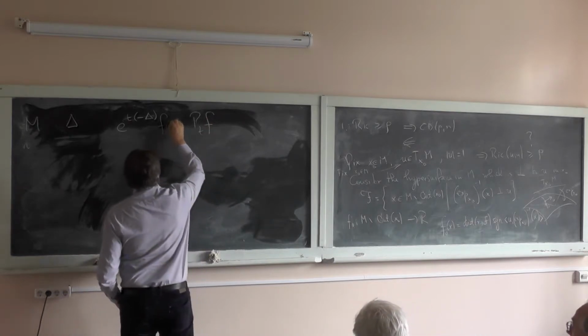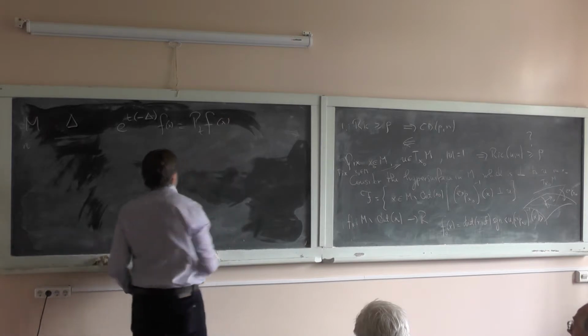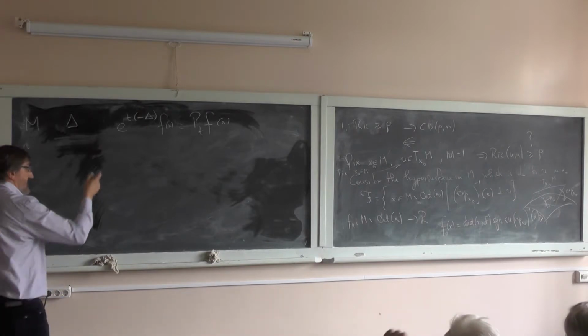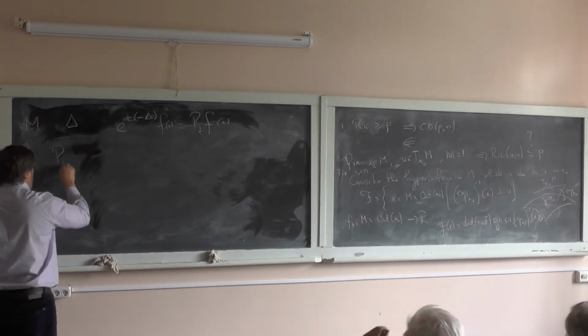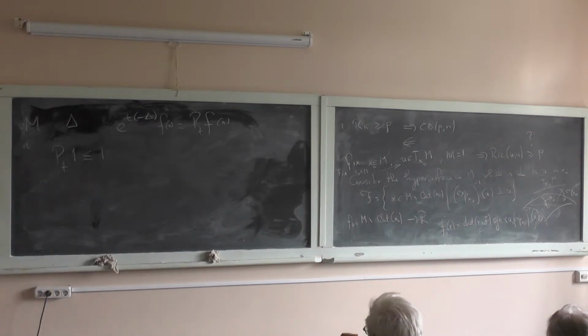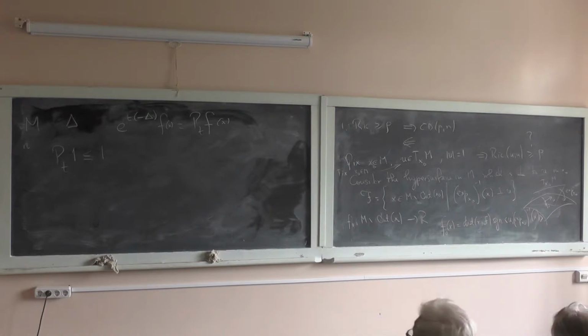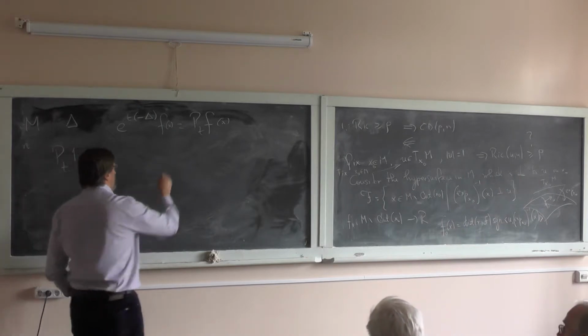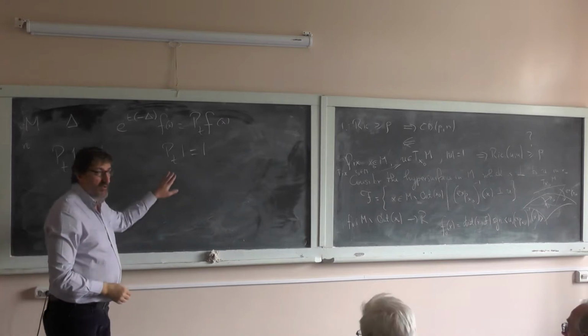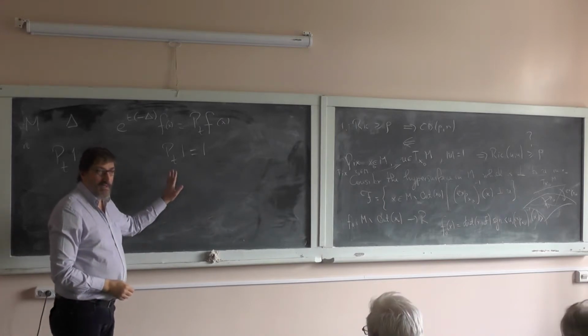Of course this is a new function which should be evaluated at any point x. So we know that the semigroup is sub-Markovian, so P_t of 1 is less than or equal to 1. That's always true. What is not always true is that the semigroup is Markovian.